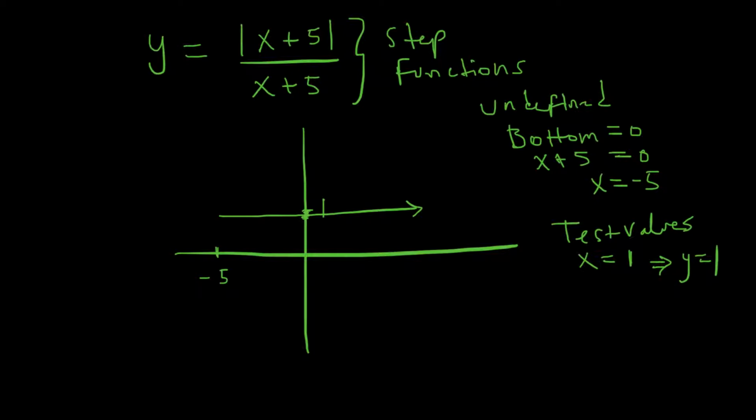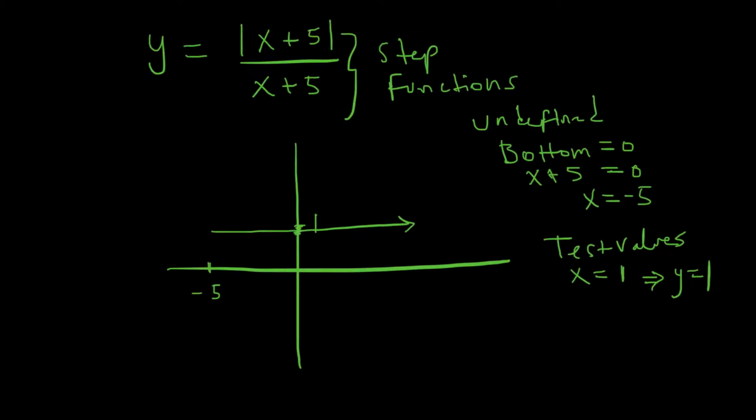And what about if I test a number to the left of negative 5? What might that be? Let x equal negative 7. That's to the left of negative 5. And just do some quick mental math and plug it in here. Negative 7 plus 5 is negative 2, but the absolute value would be positive 2. And then down here, negative 7 plus 5 is also negative 2, but there is no absolute value, so you're stuck with a negative 2.